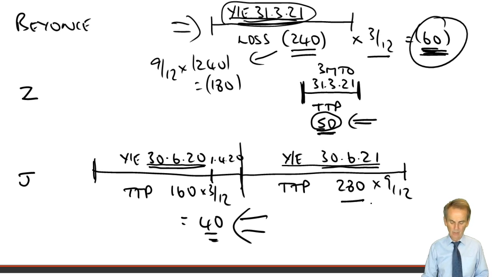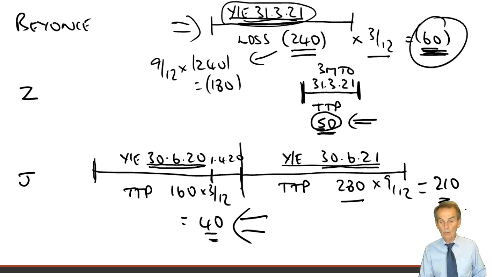Now that profit, as we know, was 280. Well, 9/12 times 280, what's that going to be? 280 divided by 4 would be 70, so £210,000.